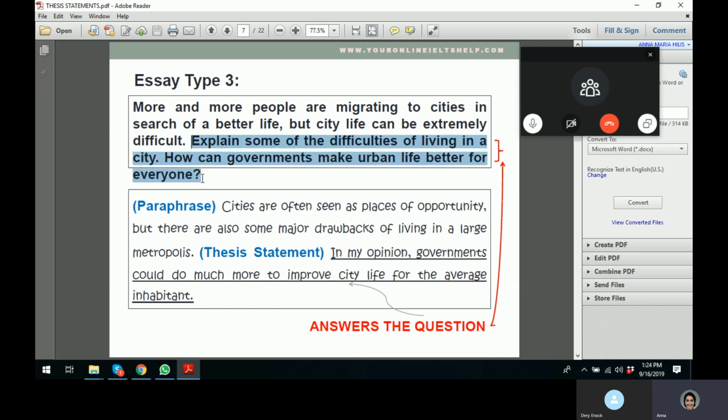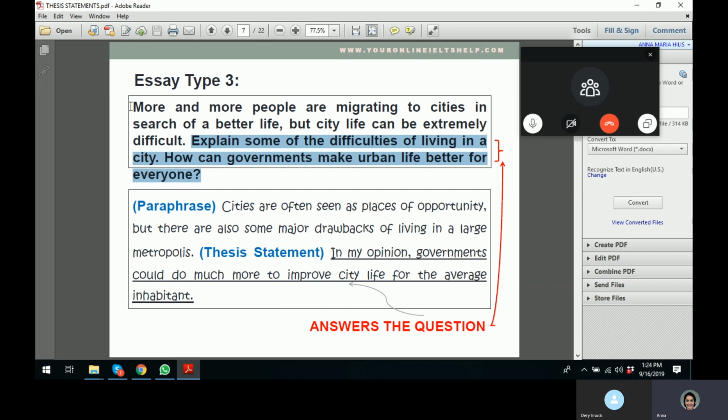But it's also what we can call a two-part question. Questions in IELTS nowadays can fall under two or more categories. So this is problem solution, and at the same time, it's a two-part question.